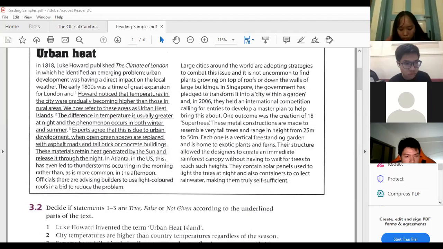Why? Because in the passage, they didn't mention the other area in the United States. They only mentioned Atlanta, right? They did not compare. Yeah. Okay, thank you, Lane. No comparison.